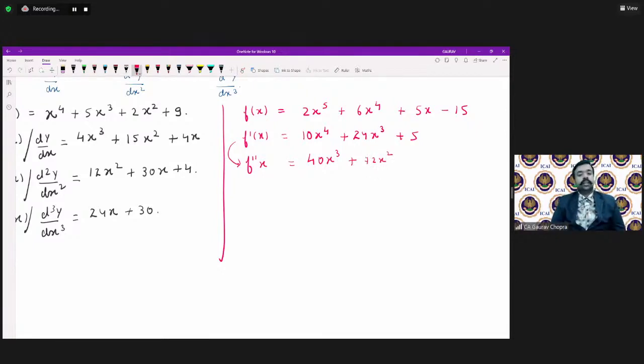So this is the result, the double derivative. And if we have to find out the triple derivative, that means 40 into 3 is 120x square plus 72 into 2 is 144x. So in this way we can get the result.